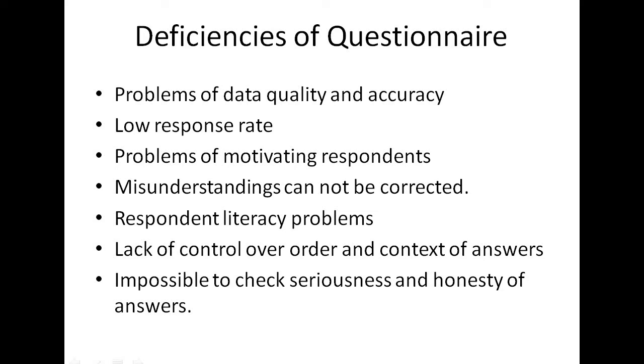It is impossible to check the seriousness and honesty of answers. We have already discussed that most people are non-serious in answering your questions, and that creates a mighty problem for the researcher. Similarly, the honesty of the respondents is also sometimes doubtful.